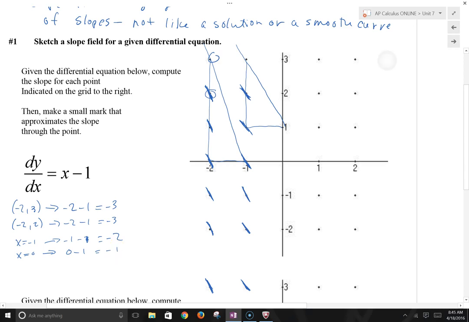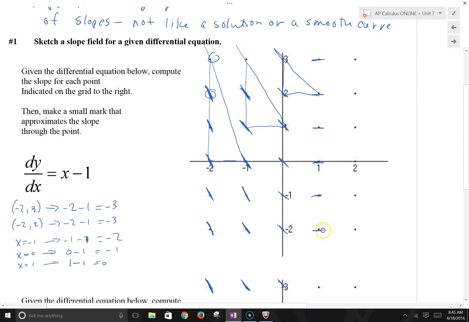So those are going to be that slope. Something like that. Notice they're getting less steep as we go across. And we do the same thing at x equals 1. That gives us 1 minus 1, which is equal to 0. I can draw that one without any assistance.